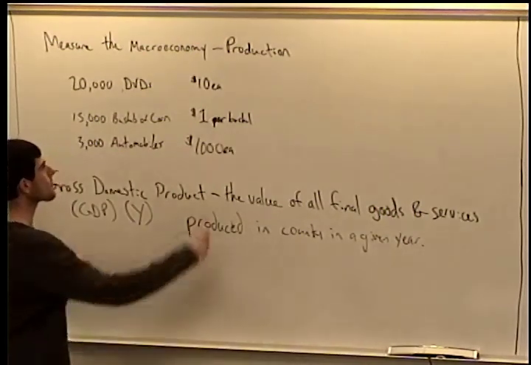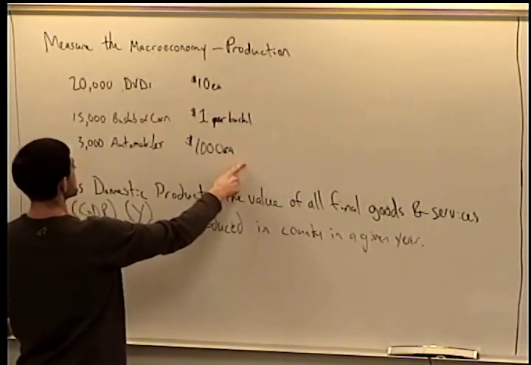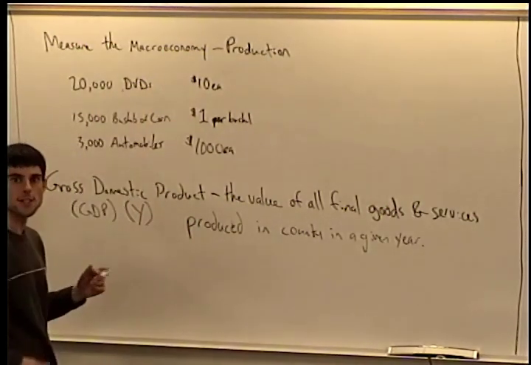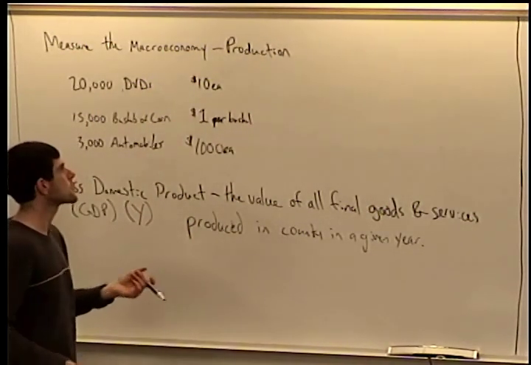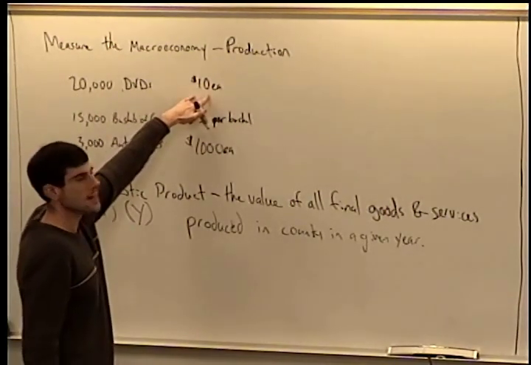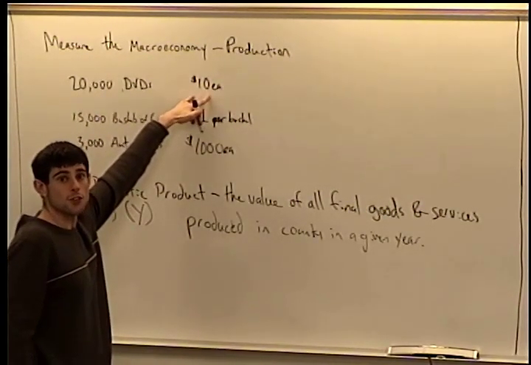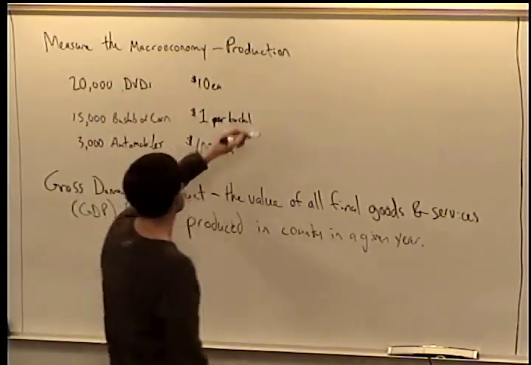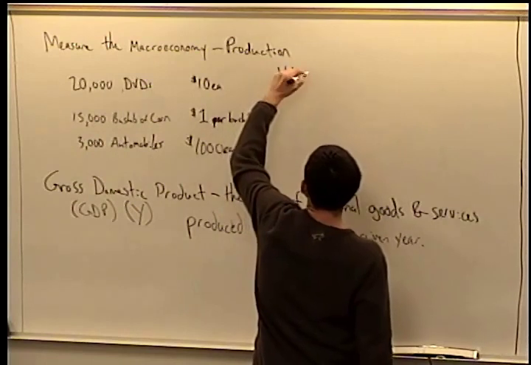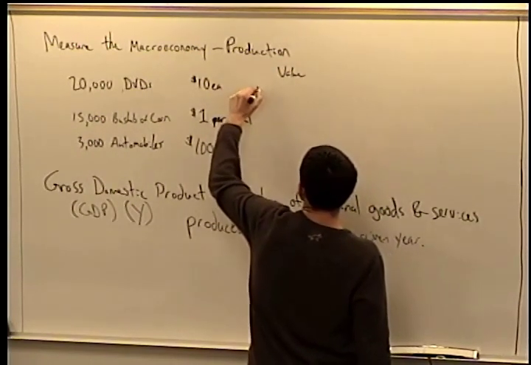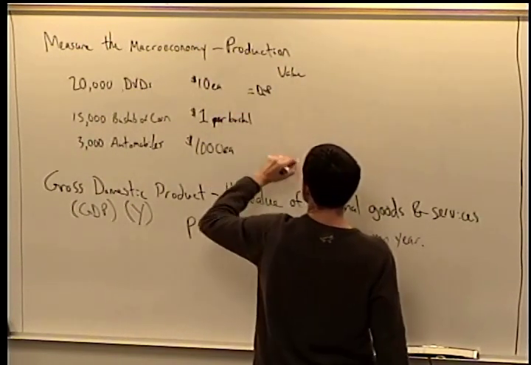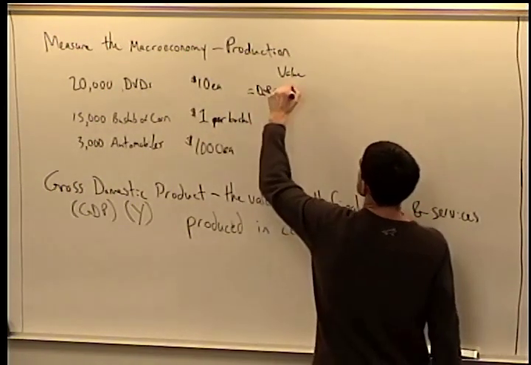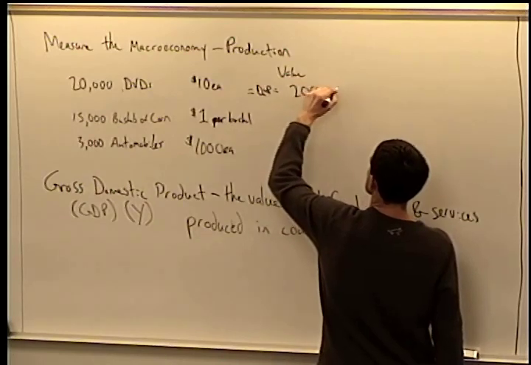Okay? So we have the value of each unit, and then we can multiply the quantity times the price, and that gives us the value of total production. So here, 20,000 times 10 gives us $200,000 worth of value that we produced in DVDs. So the value equals quantity times the price, and that equals 20,000 times 10, which is $200,000.